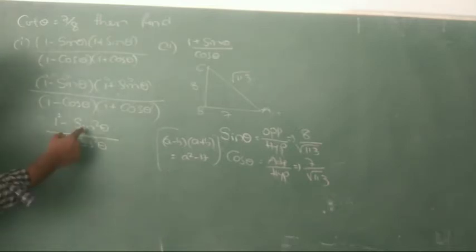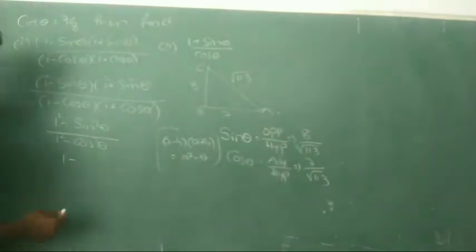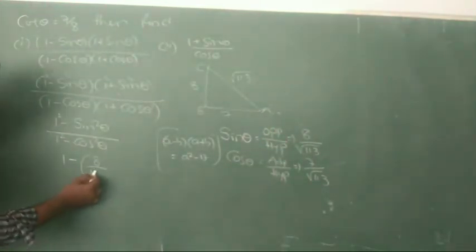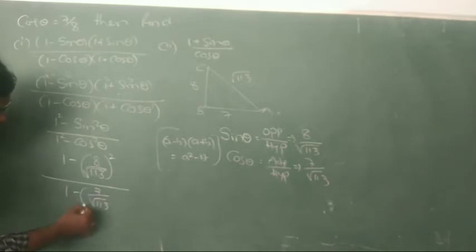1 is 1. Instead of sin square theta, what is the value of sin theta? 8 by root 113 whole power 2. And here also 1 minus 7 by root 113 whole square. Right?